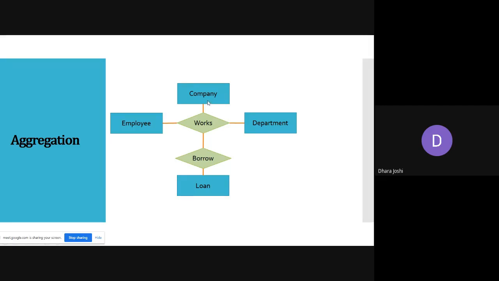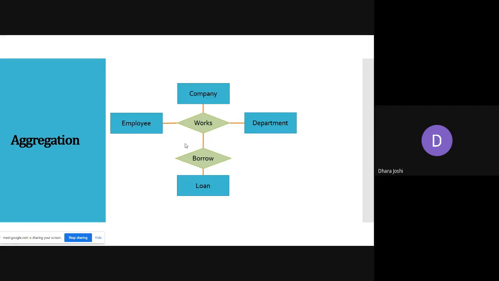Now, any of us, like me, a department, or Marwari College, can borrow a loan. So here the connection can be assumed like this: there can be one connection from employee to borrow. Employee can borrow a loan, company can borrow a loan, or department can borrow a loan. This can be possible if you think about it individually.